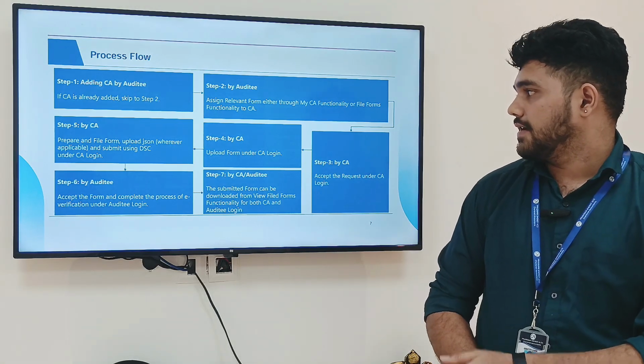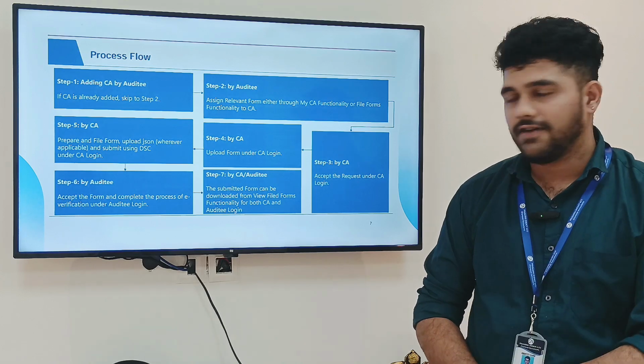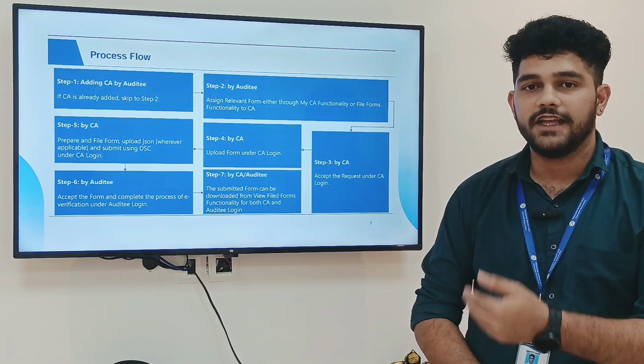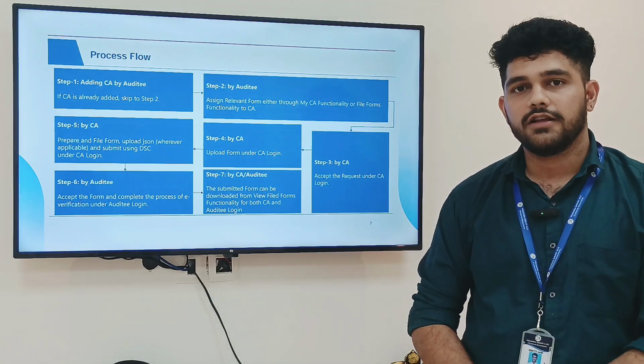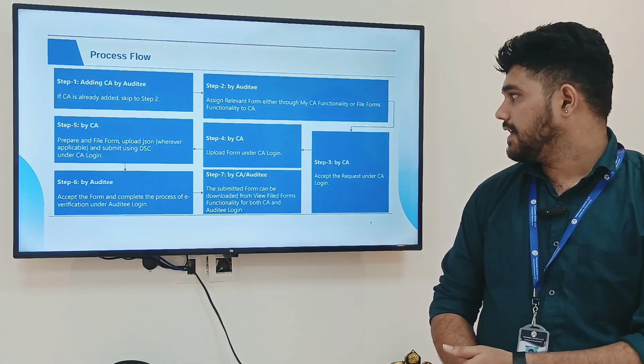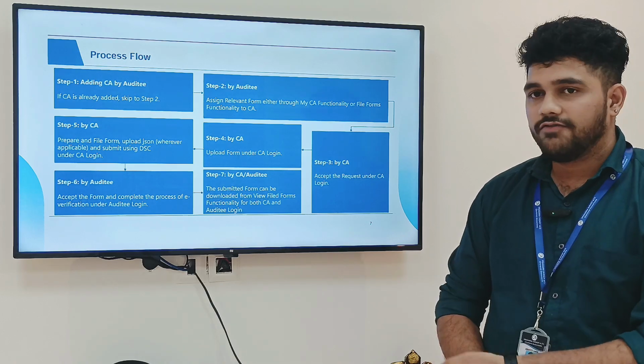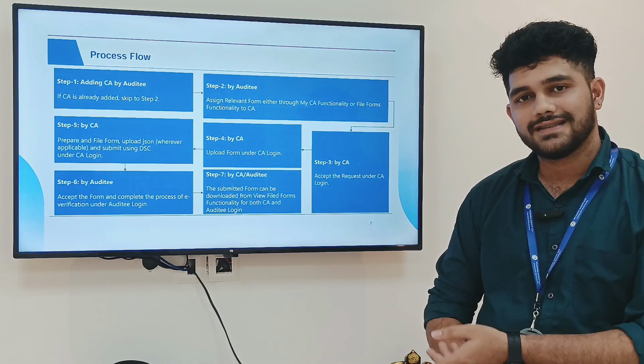Then step 6, the auditee accepts the form. Once it is filed, complete the process of e-verification under auditee login. Then either auditee or CA can download the submitted form from the View Filed Forms functionality.